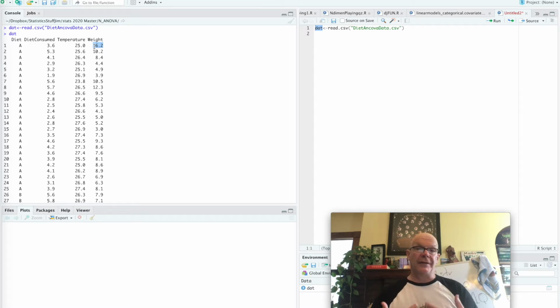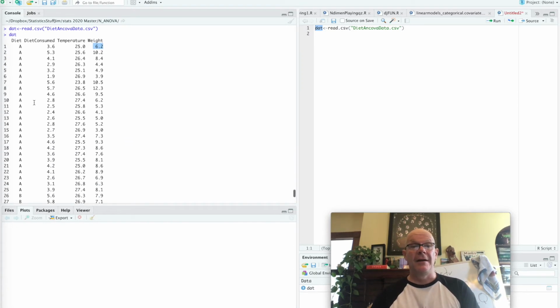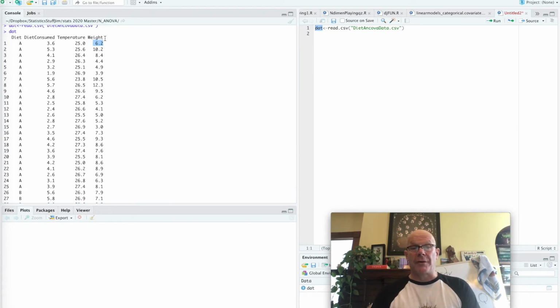There are two possible diets that the caterpillars were feeding upon, either diet A or diet B. Then we have the weight of the caterpillar, which is the thing we want to make a model to predict. We'd like to be able to predict caterpillar weight.